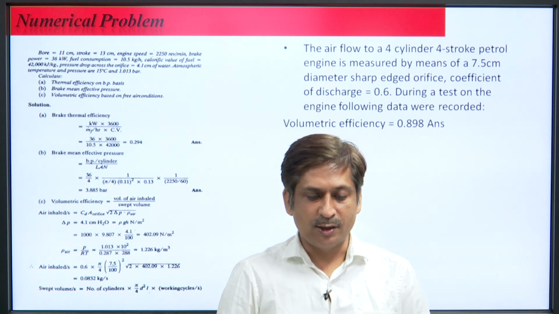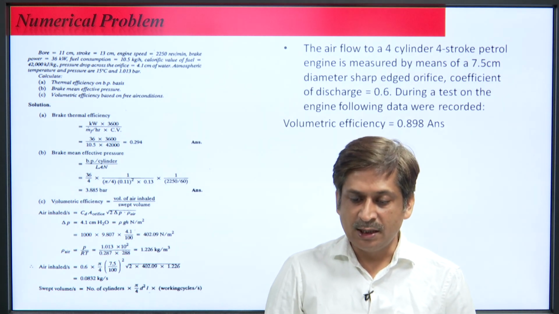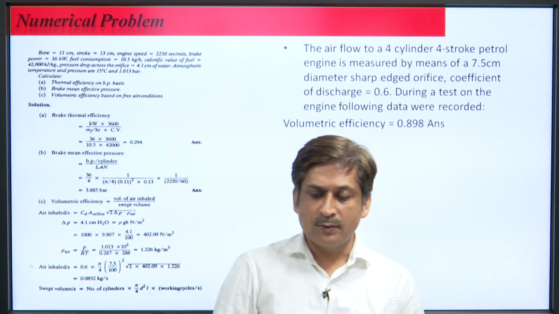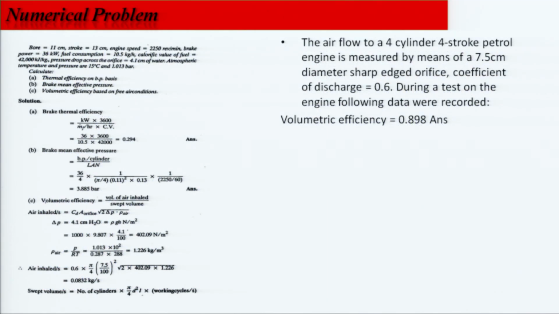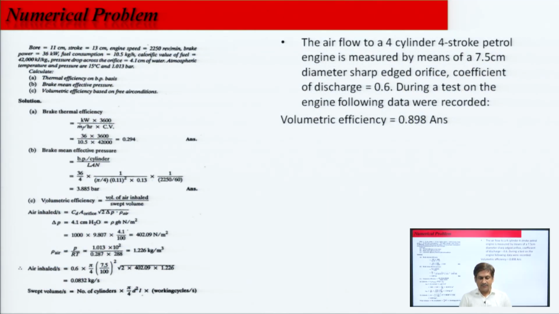Now, we will take a numerical problem. I am reading the problem. The air flow to a 4-cylinder 4-stroke petrol engine is measured by means of a 7.5 centimeter diameter sharp edged orifice. Coefficient of discharge is given to you. During a test on the engine, the following data were recorded: bore 11 centimeter, stroke 13, engine speed, brake power, fuel consumption, calorific value, all are given to you.